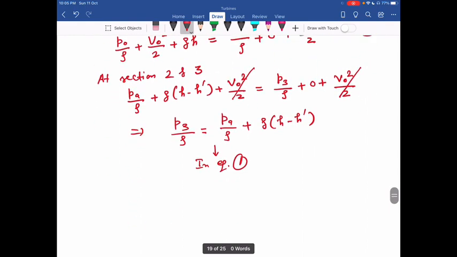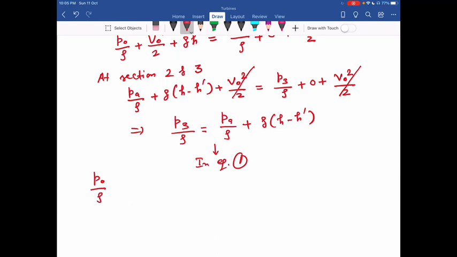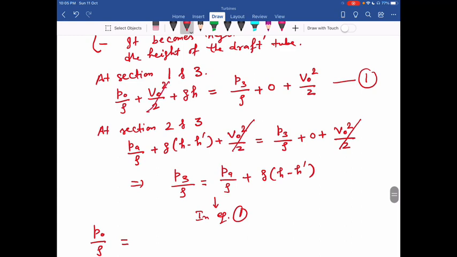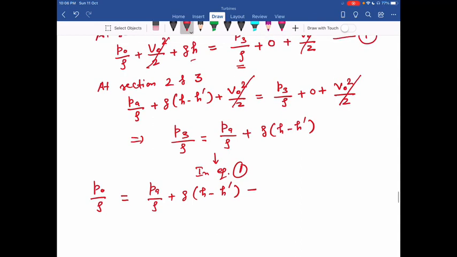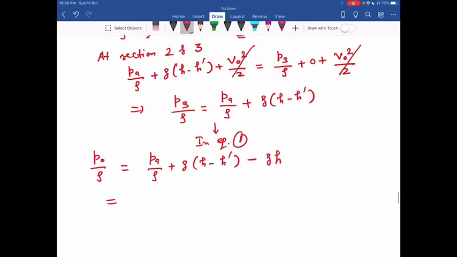Okay, so I can write again PO by rho, this is equal to, now see on both sides, these two velocities cancel out. So I put here the value of P3 by rho, so that is PA by rho plus G H minus H dash, so minus this GH minus GH. So this gives me PO by rho is equal to PA by rho minus GH dash.